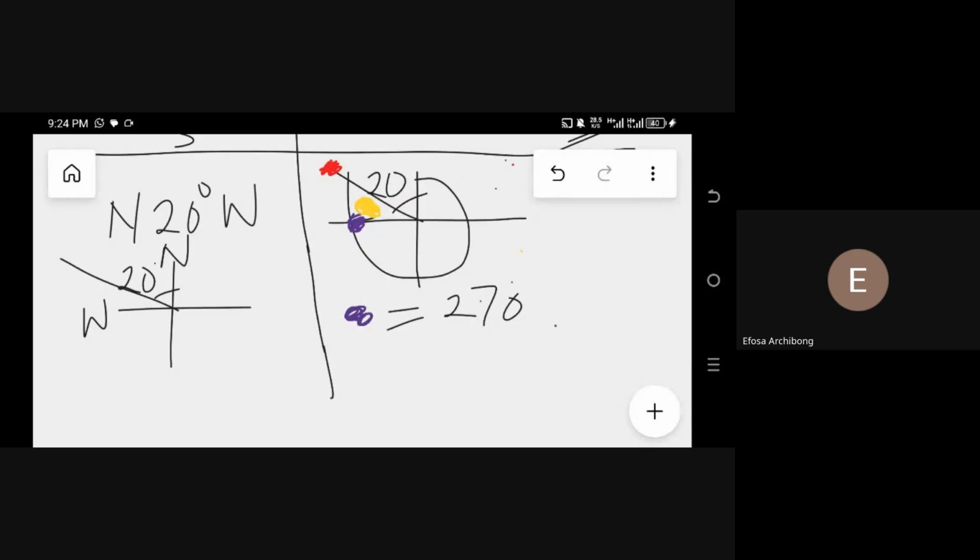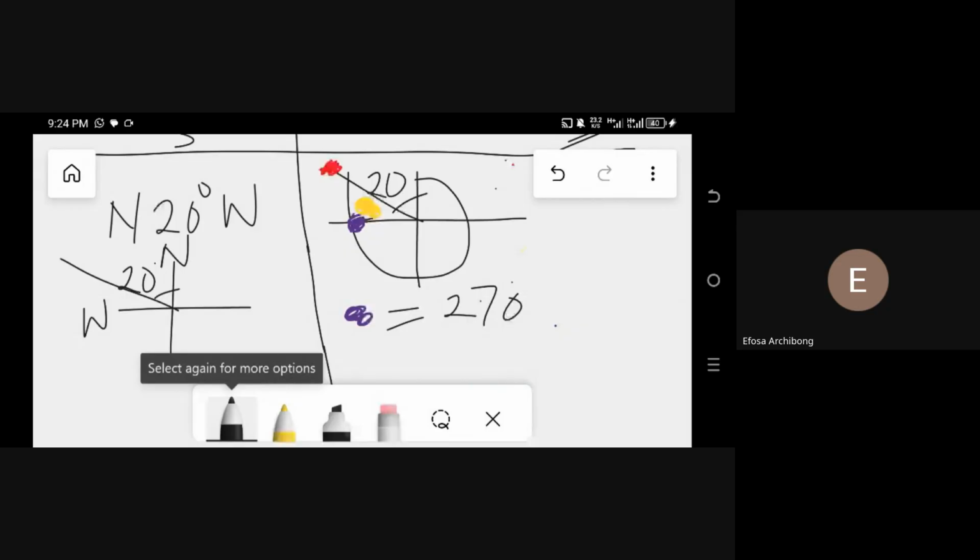All right, good. So I want to agree as well that the part marked yellow is 70 degrees. And remember that we have to count these from the north until we get to that line that we marked red. So from the north to the purple line, the part we marked here in purple is 270, and we have all agreed that the other smaller angle between the purple and the red is 70.